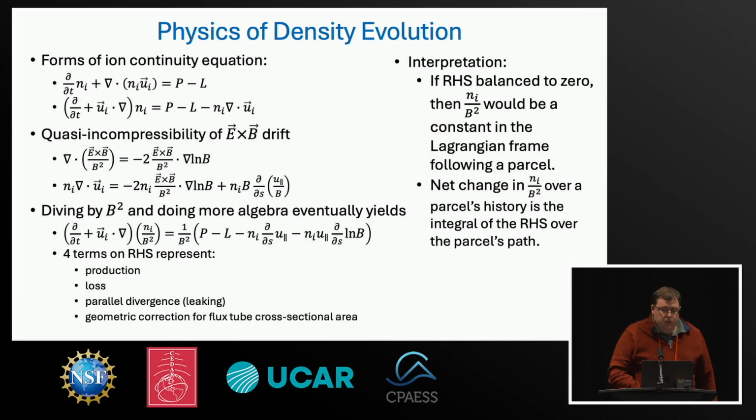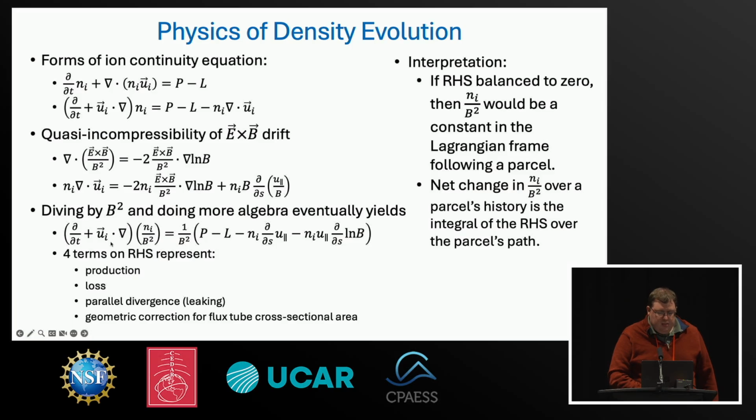So if you substitute that in for your divergence, your perpendicular divergence is just that, and then parallel divergence can be written that way in an appropriate magnetic coordinate system. It turns out that if you divide the whole continuity equation by B squared and do a bunch of algebra, you can lump this term into an advective term and end up with this alternative form of the continuity equation that I actually find quite interesting.